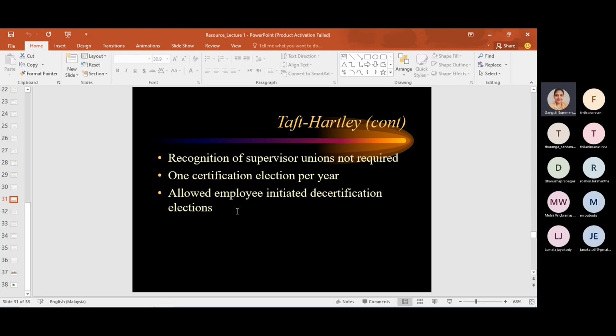If the majority of the union are dissatisfied with the union, you have to cancel your current union and make a new one. So to cancel the current union, you need a decertification election. In a decertification election, everyone will vote.